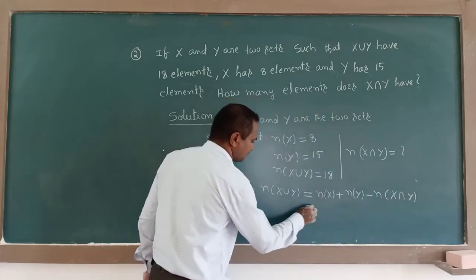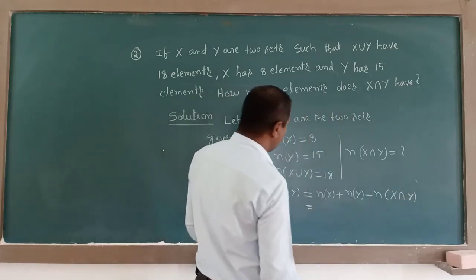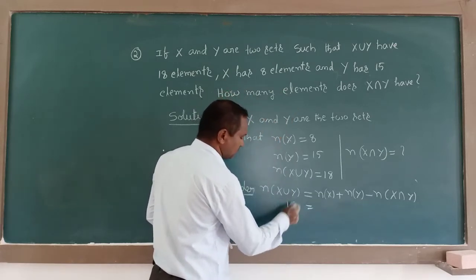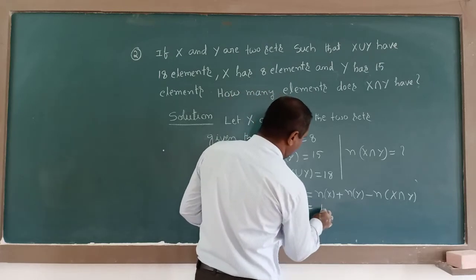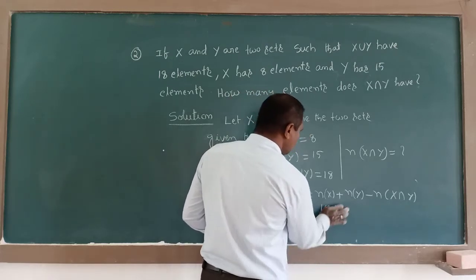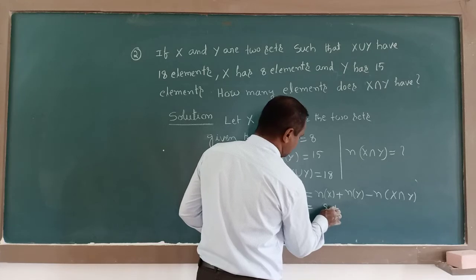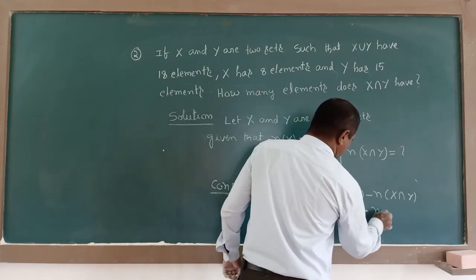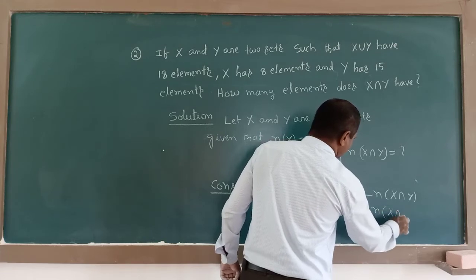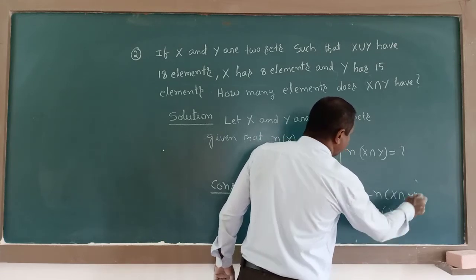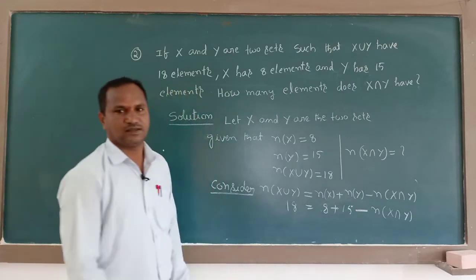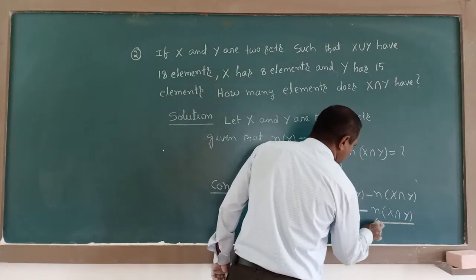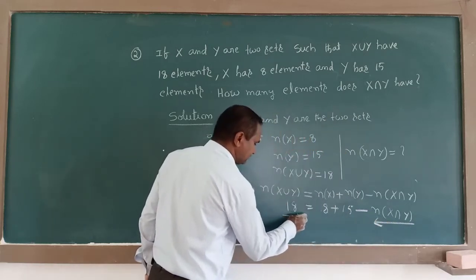n of x is how many elements here? n of x union y is 18, is equal to 8 plus 15 minus, it is the unknown value. We have to find the answer for this only. Send n of x intersection y to this side and send 18 to that side.